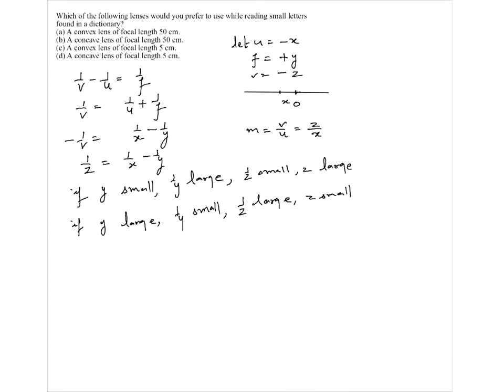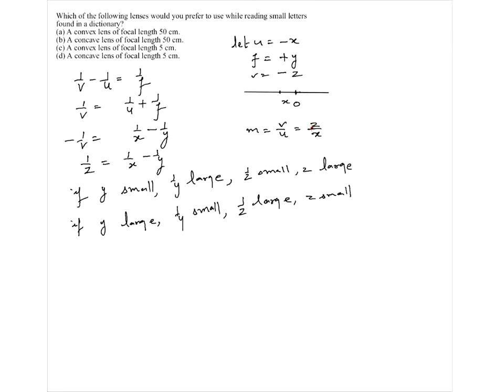Well, if you choose small focal length, then 1 upon y will be large. If you subtract a large number from some x, 1 upon x, then this will become small. That means that will become large. If that is large, magnification is large.